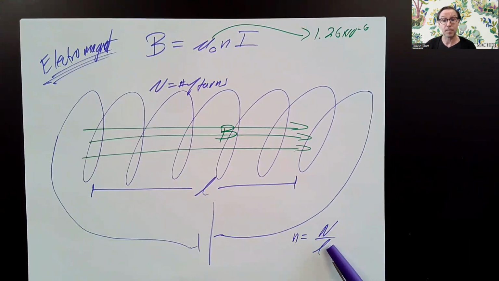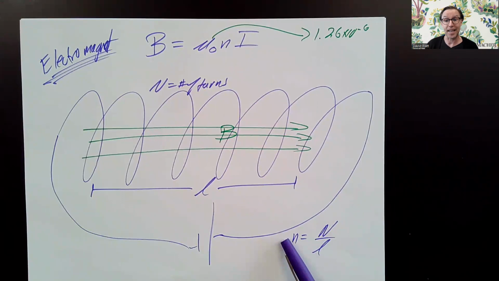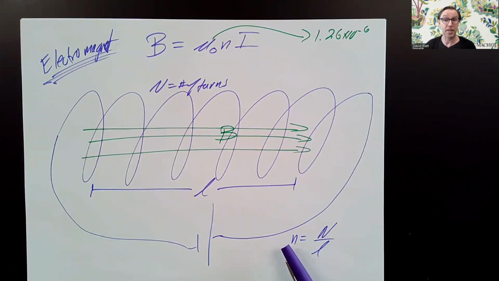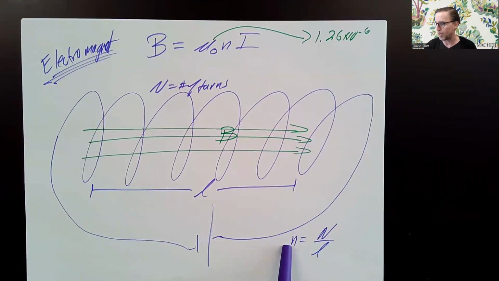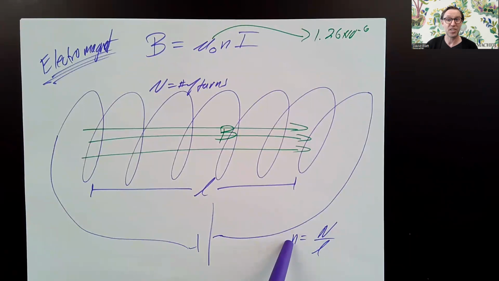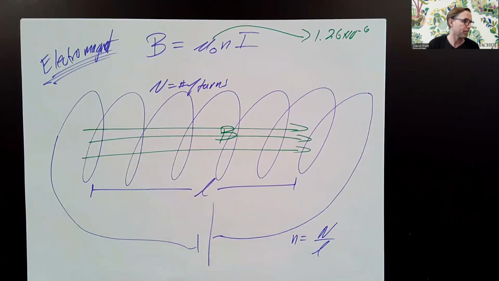Since length has the unit meter, little n has the unit m to the minus 1, right? 1 over meters. And we want to be accurate and precise when we talk about those things.